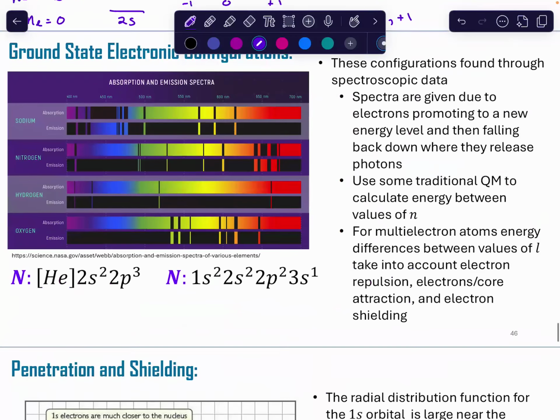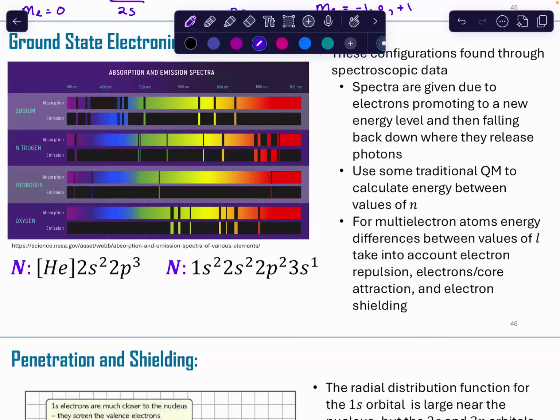We can use some basic quantum mechanics to calculate the energy between various values of n, but the s, p, d orbital differences, we're taking into account electron repulsion, electron core attraction, and electron shielding, which is a new topic for you.